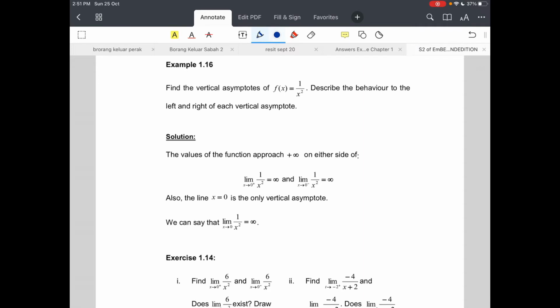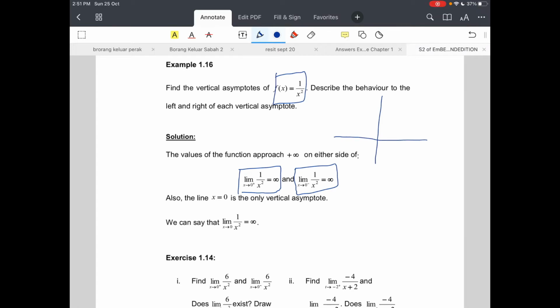So to answer the question, the solution here for f(x) equals to 1 over x squared: from the right side is infinity, from the left side is also infinity. So how can we know that? We actually obtain it from the graph.